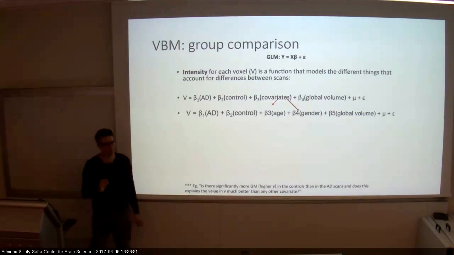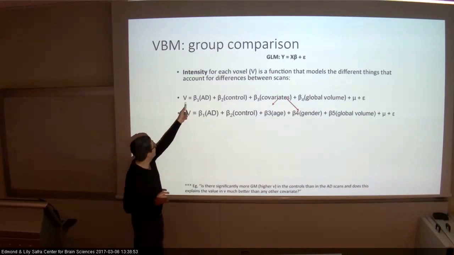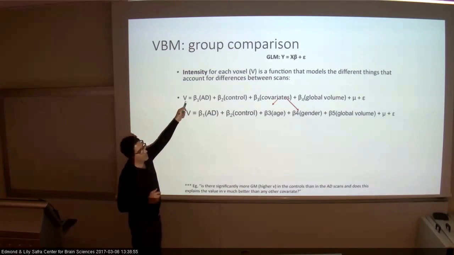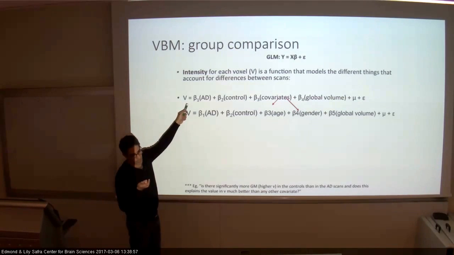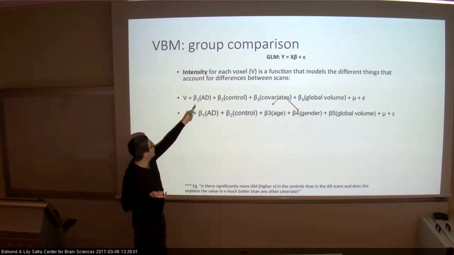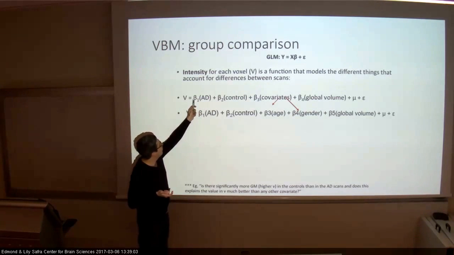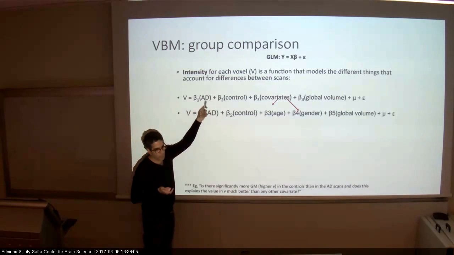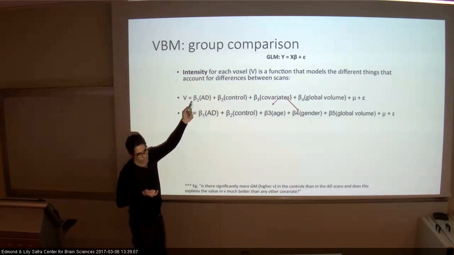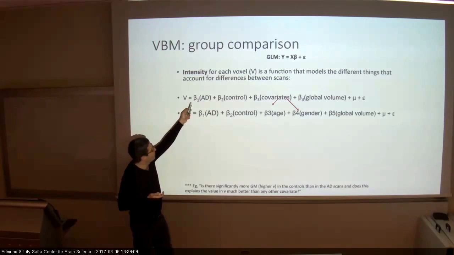Beta is exactly that. I want to explain the intensity in a specific voxel as a function of whether I was from this group, so if this is one or this is one, so I have two betas, right? It could be any, it doesn't have to be one.